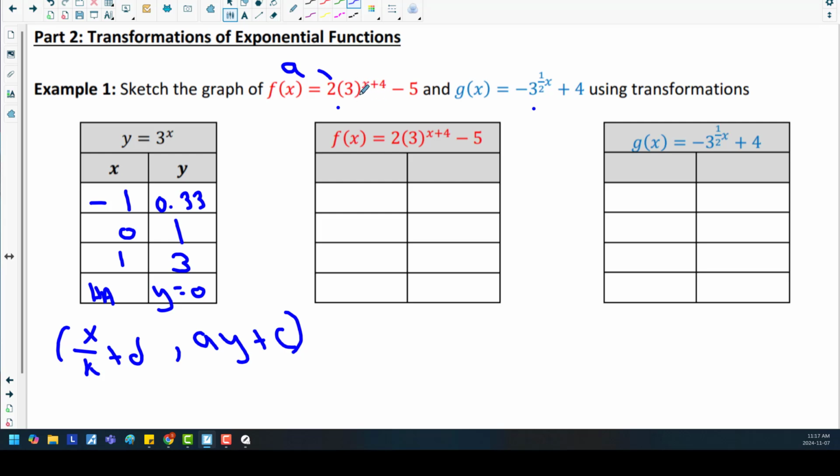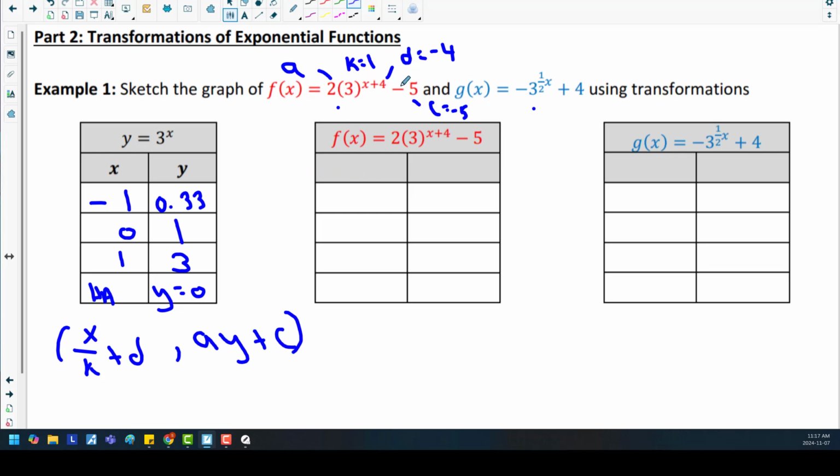So that's not one of the transformation values. There is no k value, or rather k is 1, because that is the value that is being multiplied by x. My d value is not positive 4, it is negative 4, remember that. And my c value is -5.